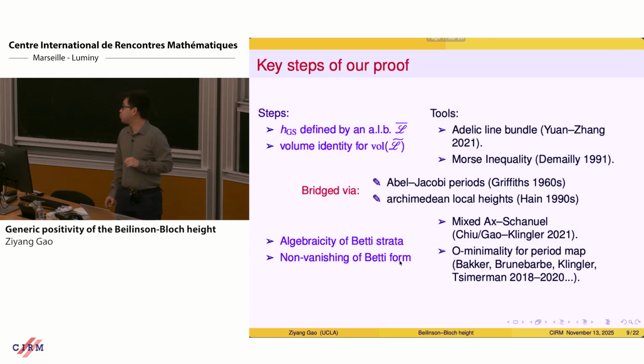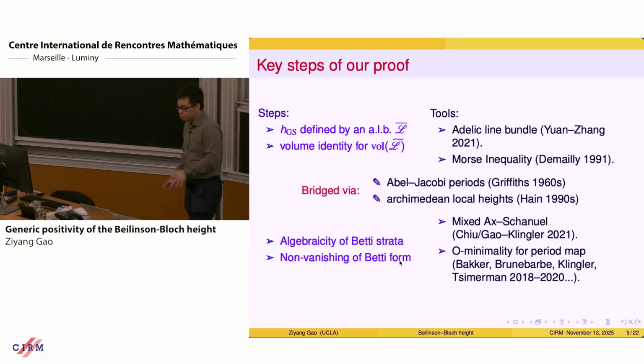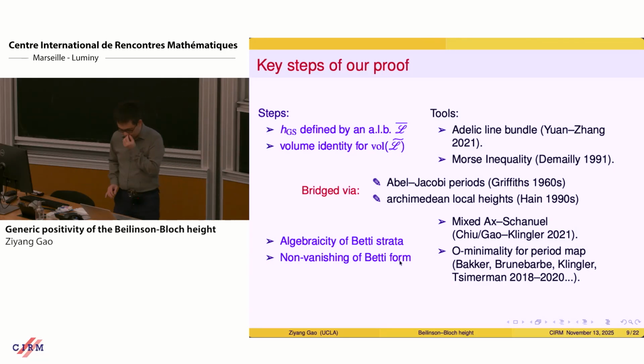The proof of this result uses some recent developments in Arakelov geometry and Diophantine geometry. We have this arithmetic side where we use the theory of adelic line bundles, a very recent one developed by Yuan and Zhang, and we need to prove some volume identity for which we use Morse inequalities, a very analytic proof.